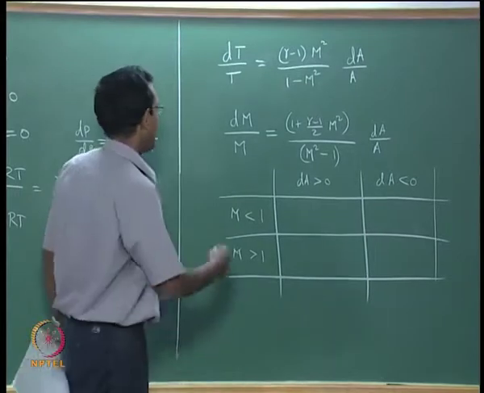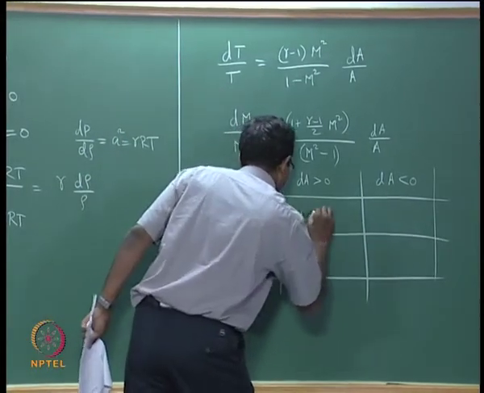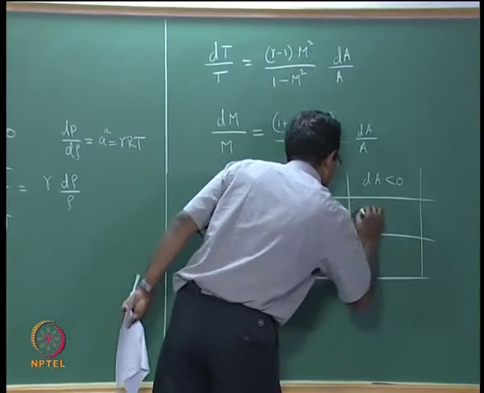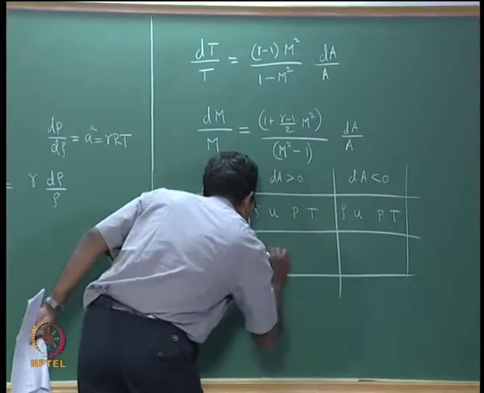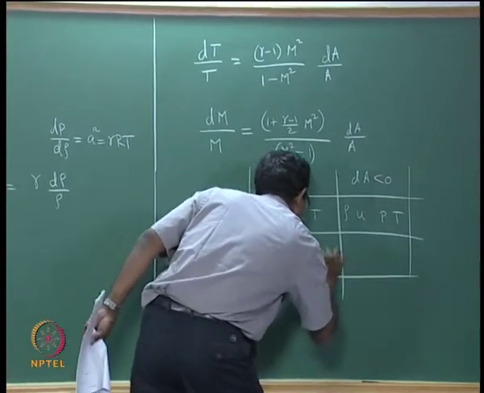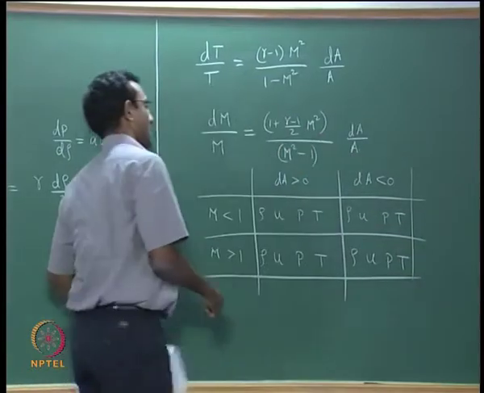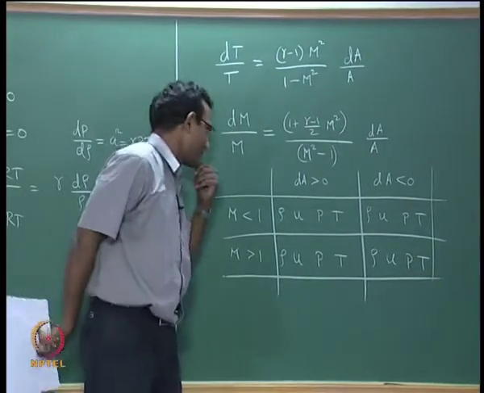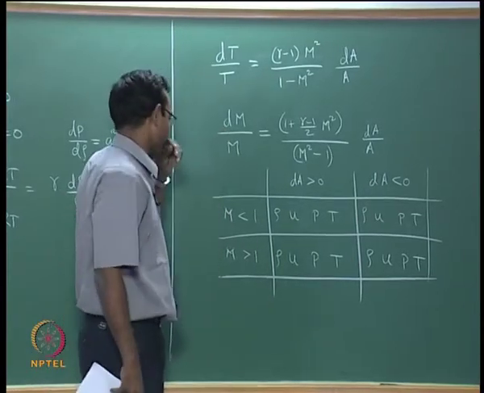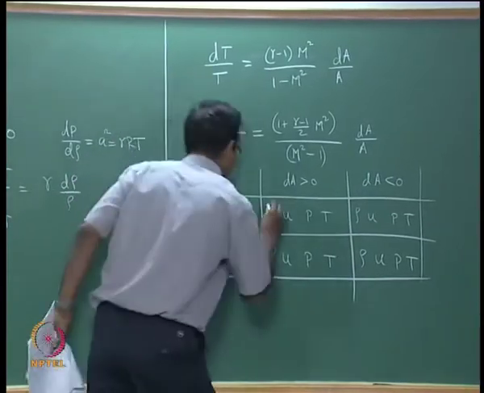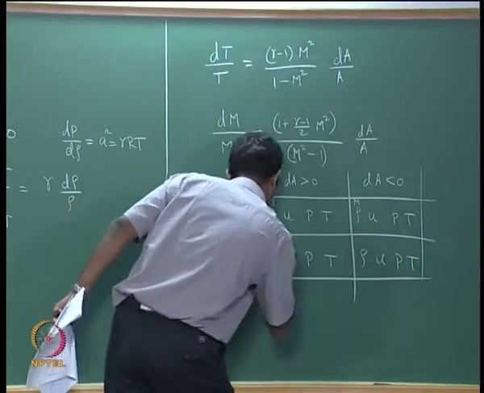Okay. Now, we just want to look at those 4 variables we just listed: density, velocity, pressure, temperature. What happens to all of them? So, let us pick a case. This is just to remind you what is supposed to happen. Okay. I will also put M so that it is easier. I will keep M on top of all of them.